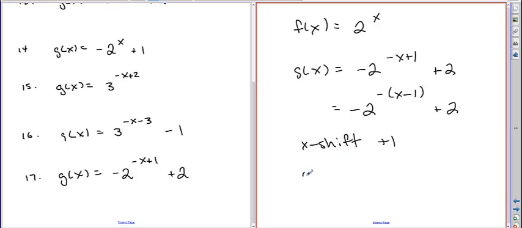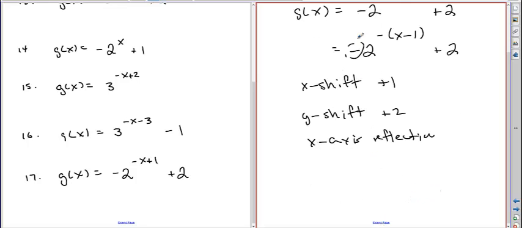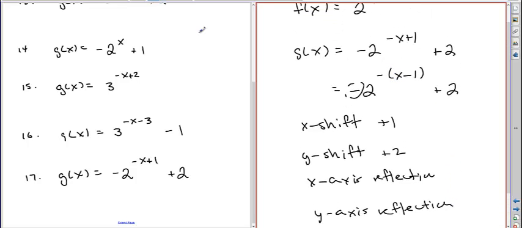So we add 1 there. We have a y shift of plus 2. We have an x-axis reflection from here. And we have a y-axis reflection from the negative sign in the exponent.